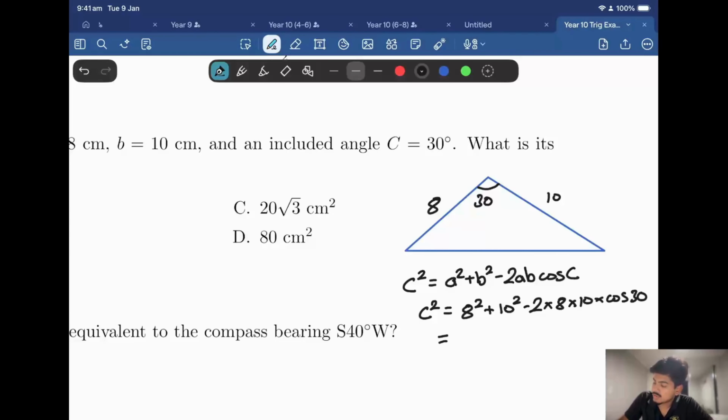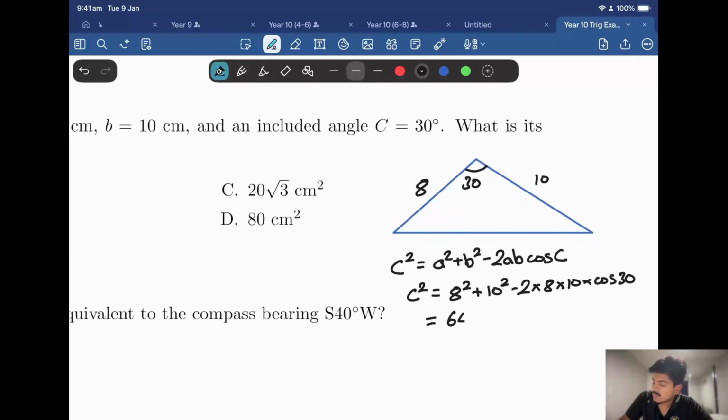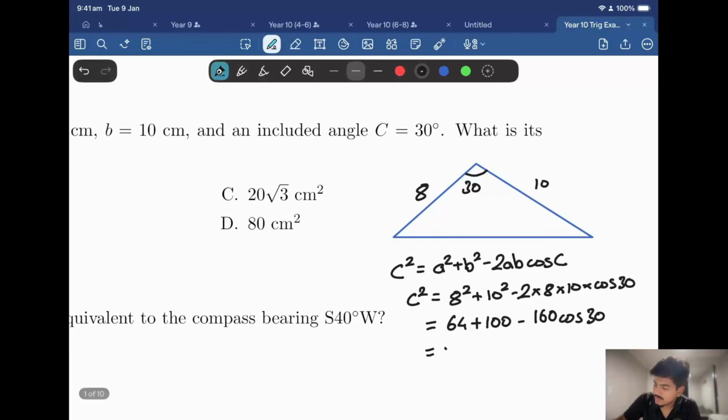Okay, so you get 8 squared, which is 64, plus 100 minus 8 times 16 times 10 is 160 cos 30. Okay, we can just put that into our calculator. So you get 64 plus 100 minus 160 cos 30, and you're left with 25.44. Okay, that's what C squared is equal to.